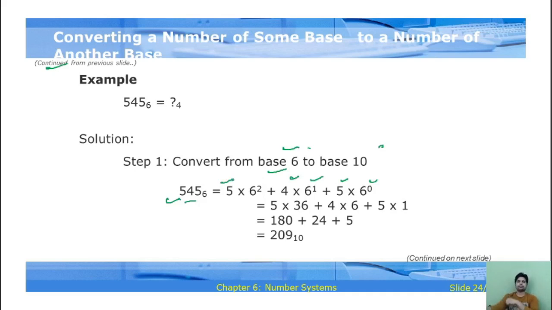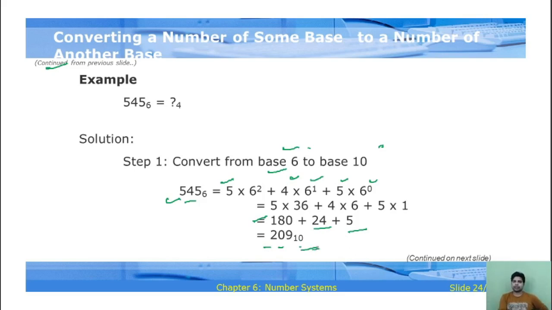So 5 into 1, and 4 into 6, and 5 into 36. Clear? Then this is 5, 24, and 180, which gives 209 in base 10. Clear? So from any base, we get the decimal number.